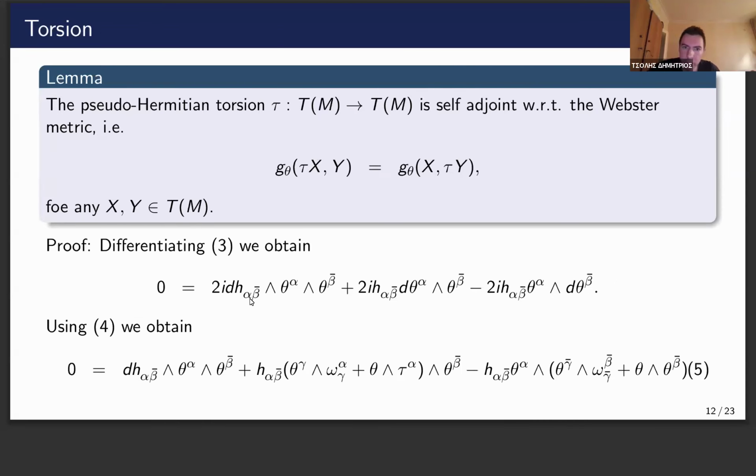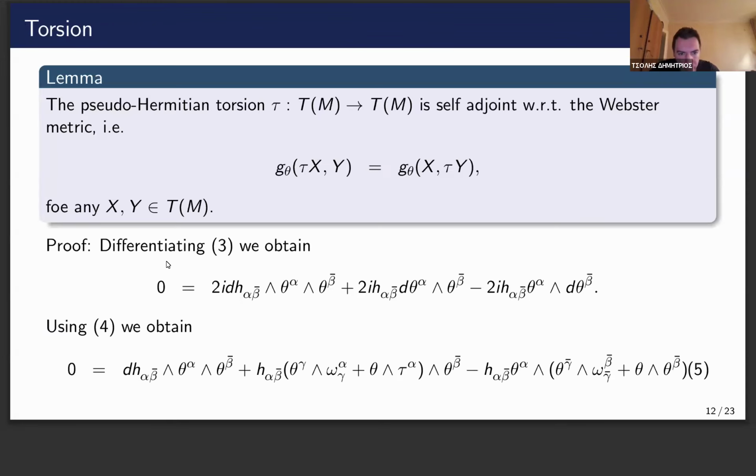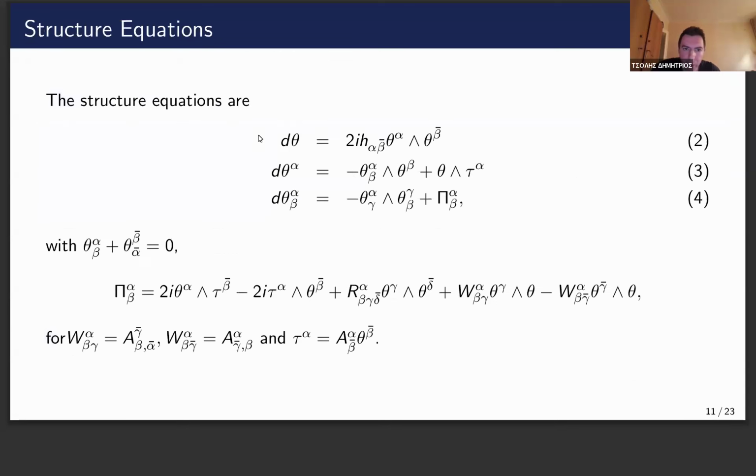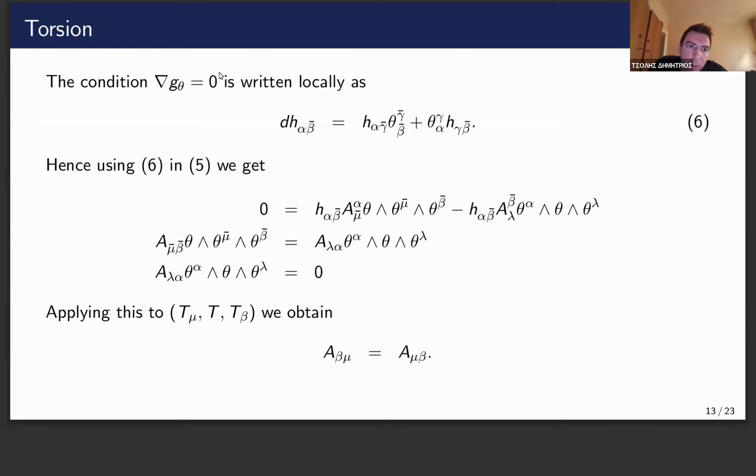Then using 4, which is the first structure equation, you can just replace everything here, essentially where this appears, and we have this expression. Next, we use this condition, which is the compatibility of the Webster metric with the Tanaka-Webster connection.